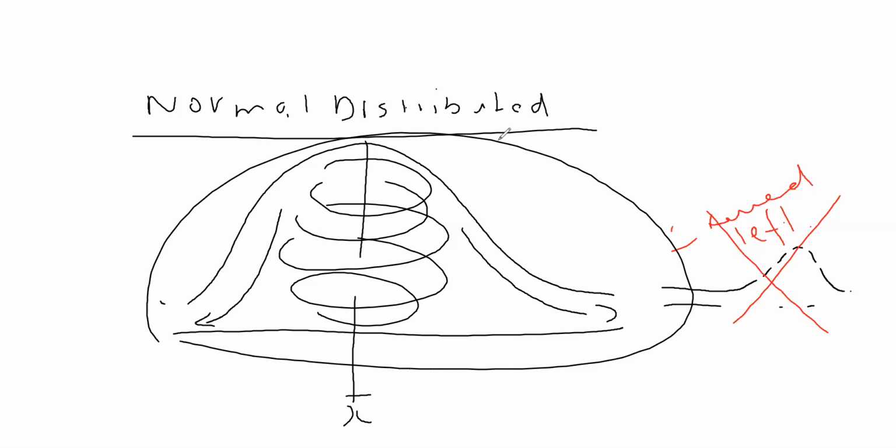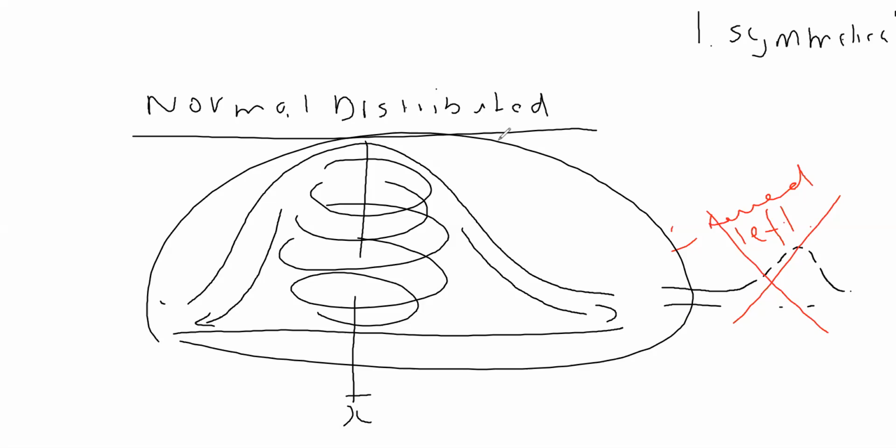Now, for this to work, there are some characteristics that you really need to understand. I'm going to say the 5 characteristics and I'll write them on this side. First of all, it has to be symmetrical. For us to classify anything as normally distributed, it has to be symmetrical.